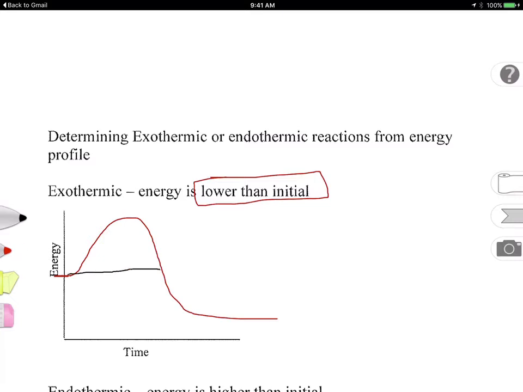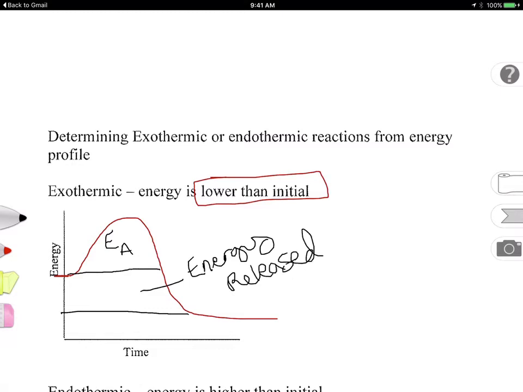Continuing here, if you extend that very first line, that hump, we already talked about that. That's your activation energy, okay? But if you extend the bottom line where you stopped, and since it's exothermic, this is your energy released. So how hot did it get?